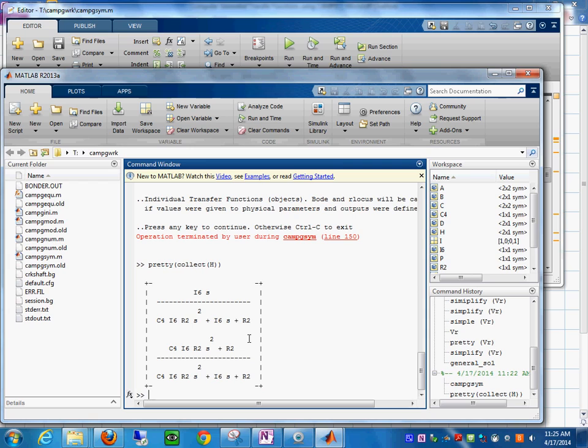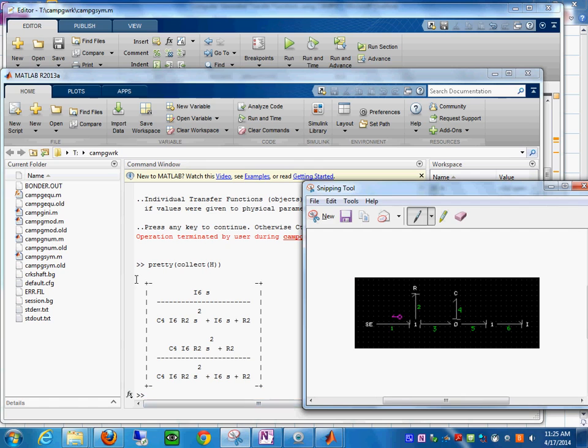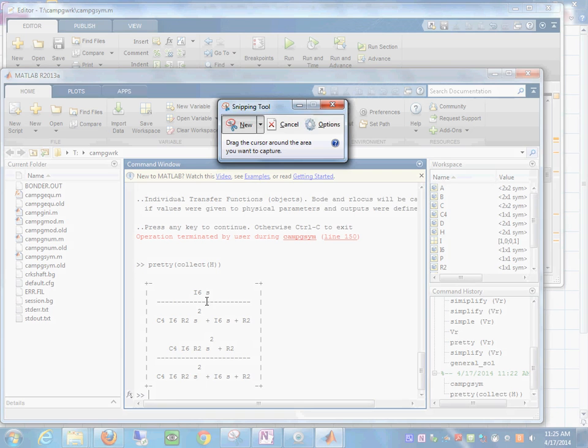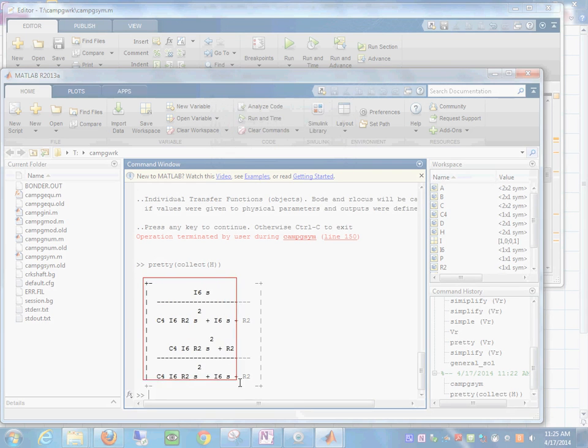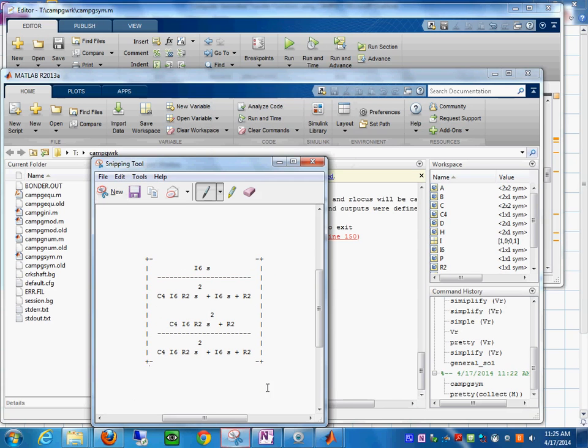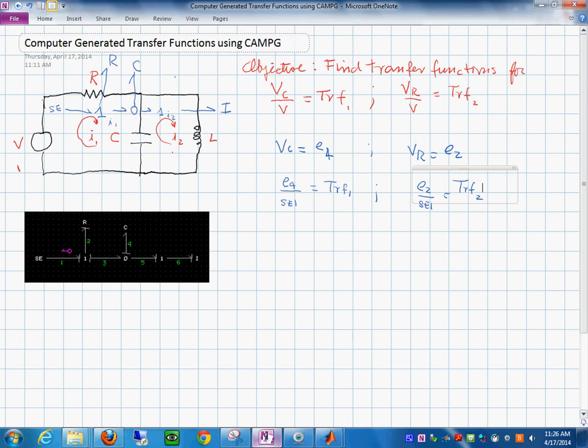When CAMG and MATLAB do their handshake, it can come out in a different format, but it's the same transfer functions. Because we like to see the coefficients, I think it's nicer to put it in this form. So I am going to take this and put it in the notes so that you can see from CAMG what it is that we got.